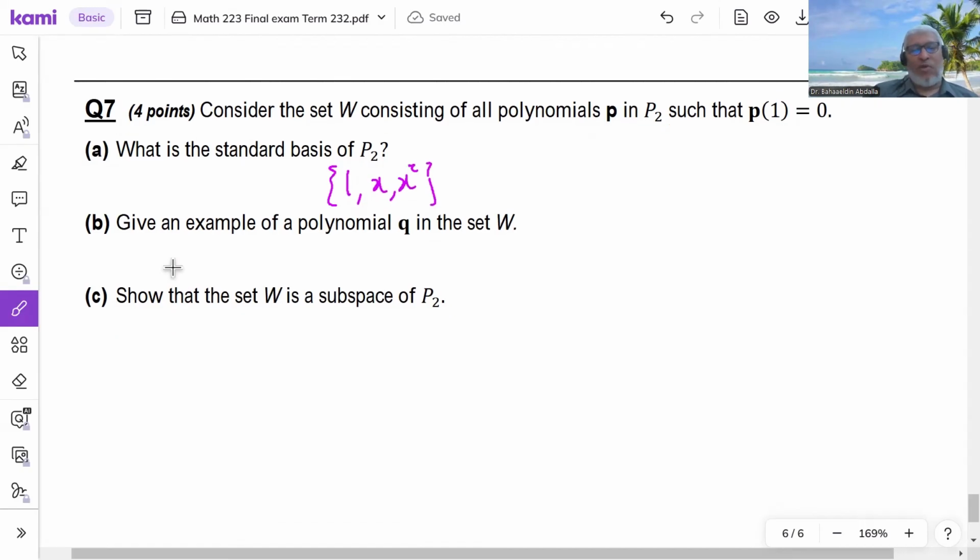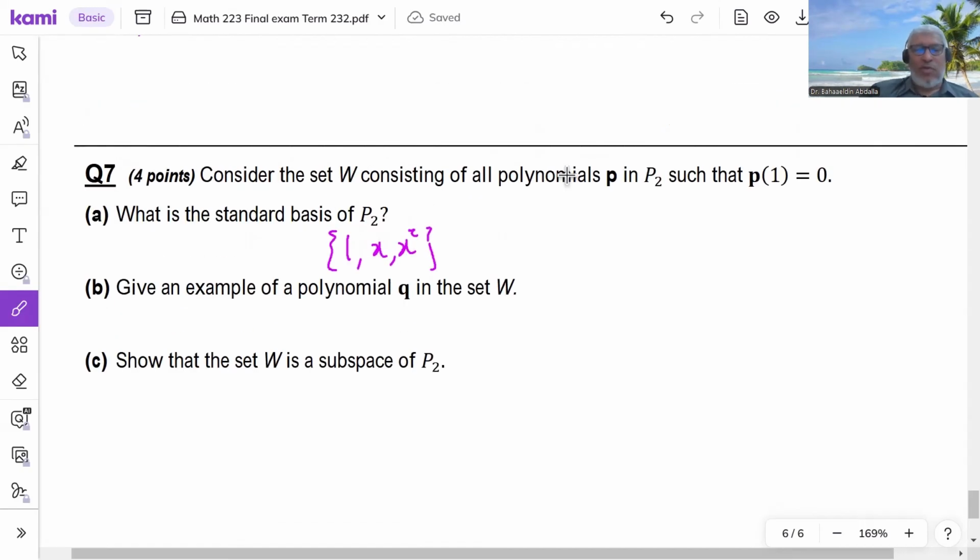Give an example of a polynomial in W. Well, W consists of all polynomials such that P of 1 is 0. So when you replace x by 1, P would be 0. So Q, for example, a lot of examples. For example, x squared minus 1.